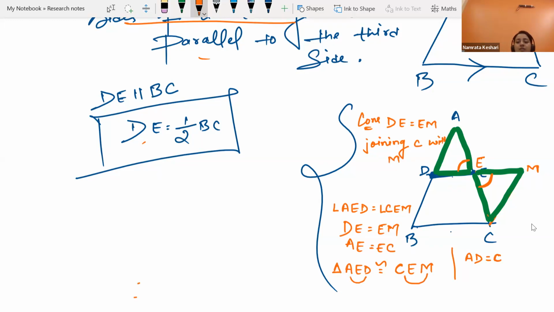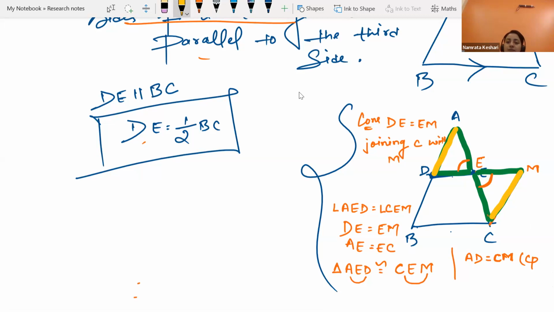Yes, everyone, can we say AD is equal to CM by CPCT? Just now we have proved the congruency. This AD and this CM, these two are the same. We can say that, right? Yes, ma'am.